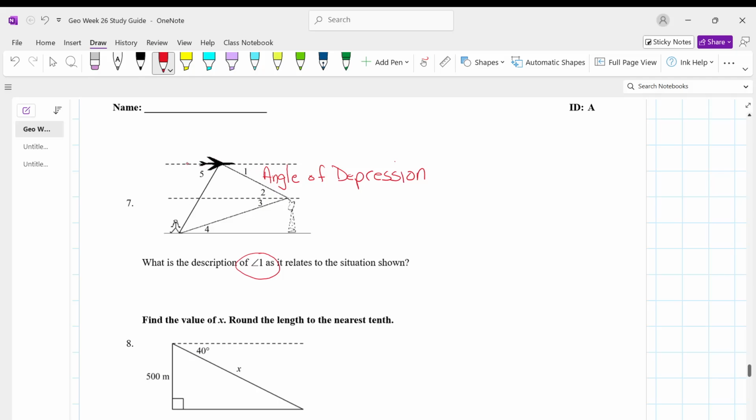Angle 1 is formed by a horizontal, which is this blue line, and a line of sight looking down. Angle of depression: a horizontal and an angle looking down. Okay?